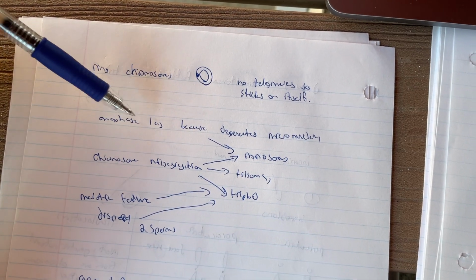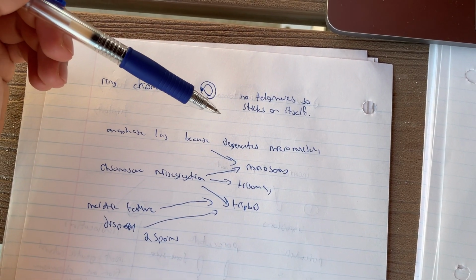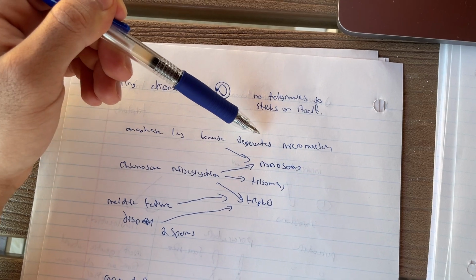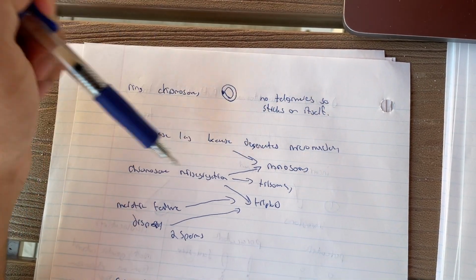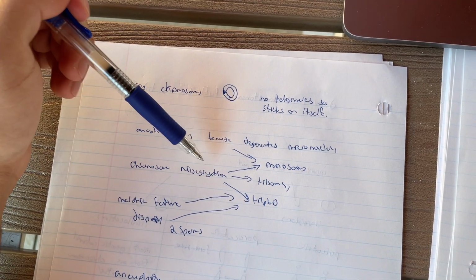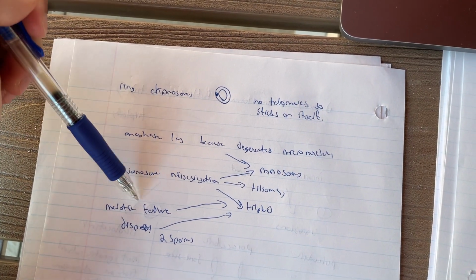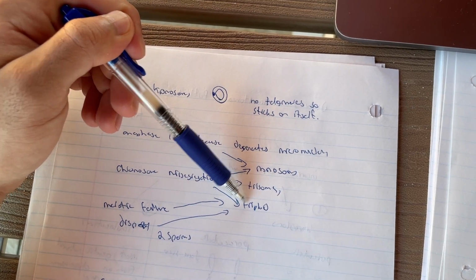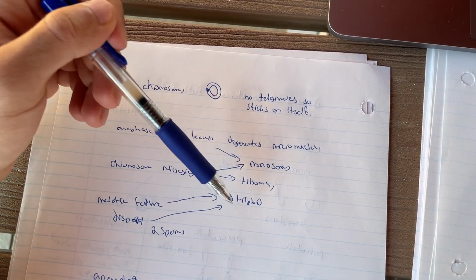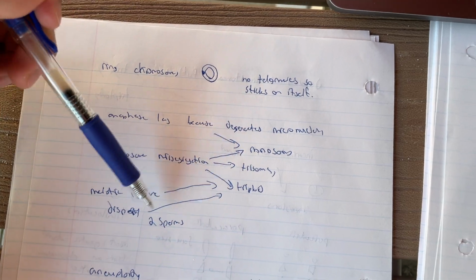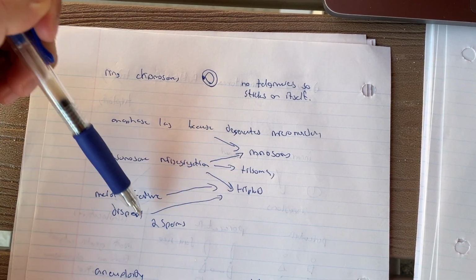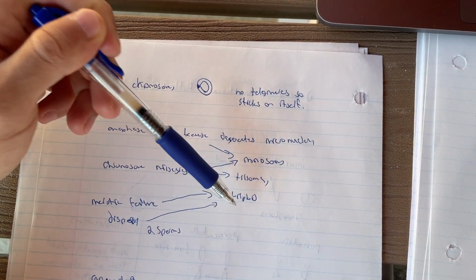So to summarize, anaphase lag becomes monosomy because we have that degeneration of the micronucleus. The chromosome missegregation can lead to monosomy, trisomy, and triploidy. Meiotic failure can only lead to triploidy. Dispermy can only lead to triploidy. Again, two sperms, two whole new genetic profiles being added to the egg.